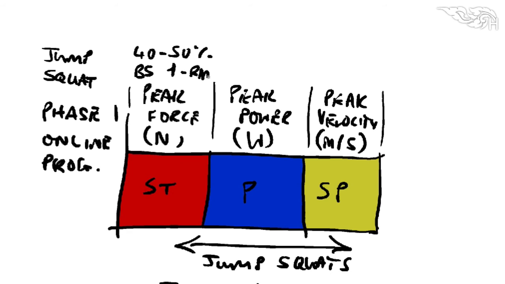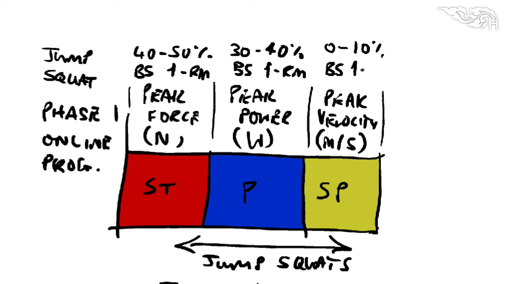And then moving into the power block, you can get peak power from the jump squat at about 30 to 40% of your back squat 1 rep max. And then for the speed block, I'm looking for peak velocity, and that's anything from 0% to 10% of your back squat 1 rep max. So 0% would obviously be body weight only.